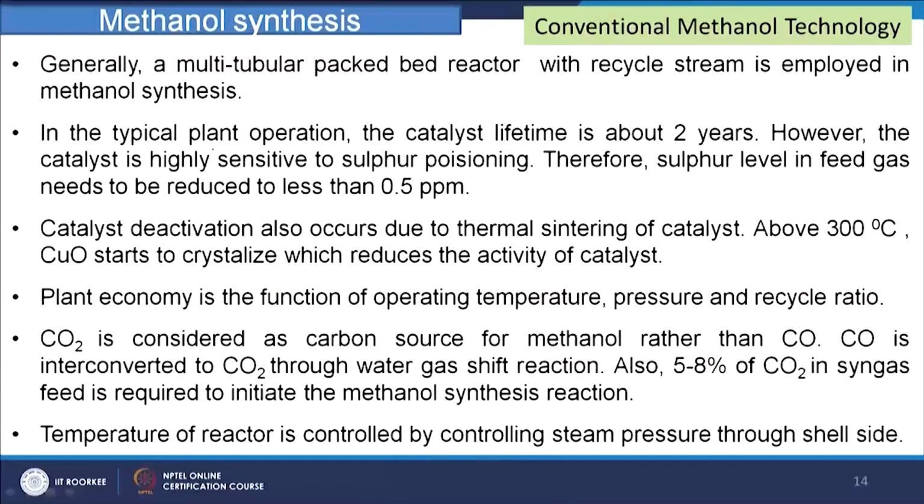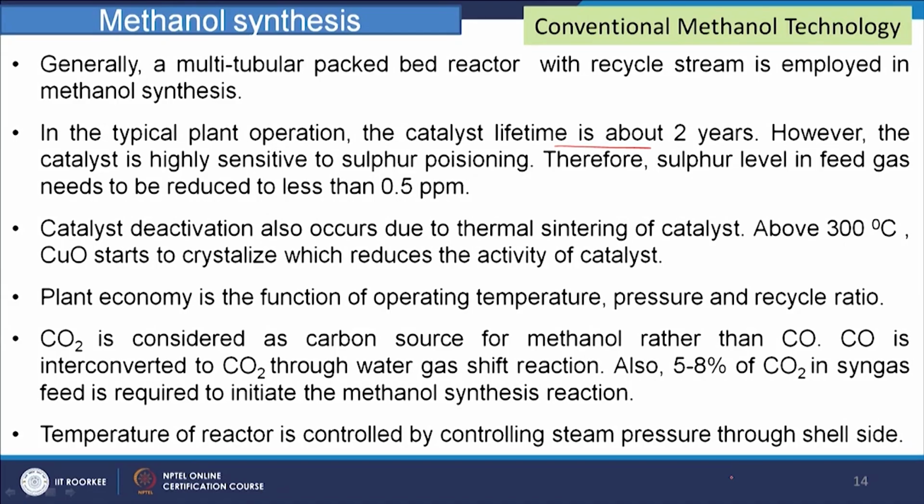As we have discussed, the multi-tubular reactor is used commercially in most of the technology available in the market. In typical plant operation, the catalyst lifetime is about 2 years, but if sulfur is present then it reduces.